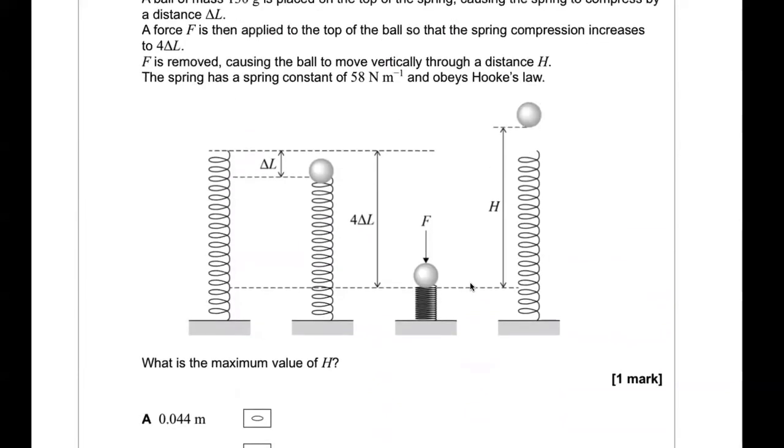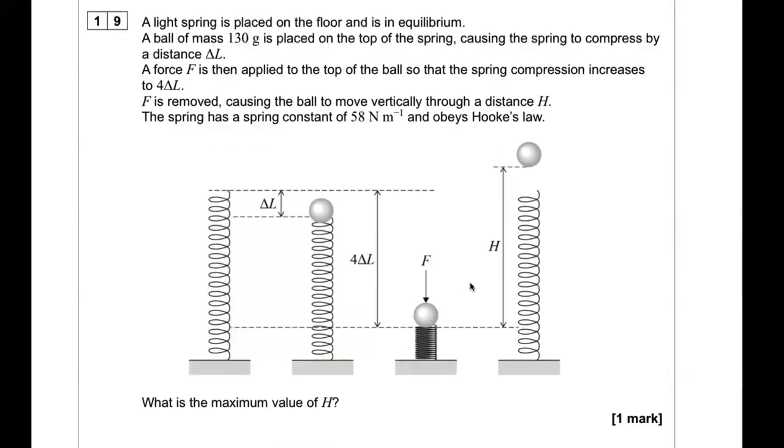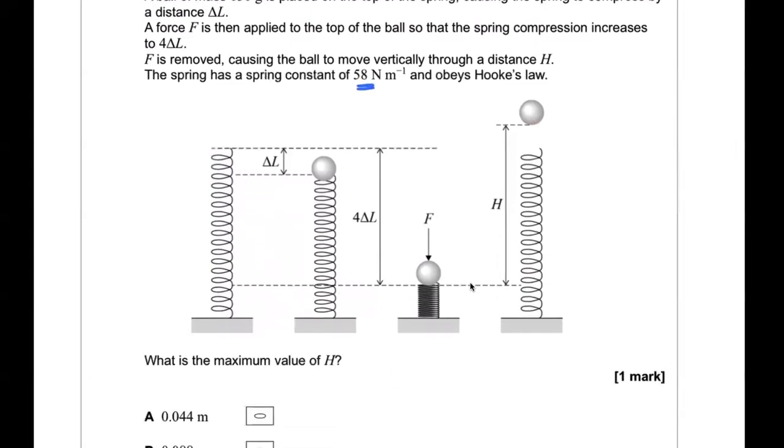All right. So for the max value of h, that is how far up the ball goes, right? So in this case, I have the spring constant, which is 58. So half kx squared basically becomes mgh.